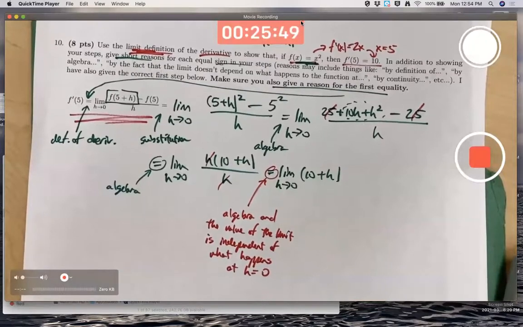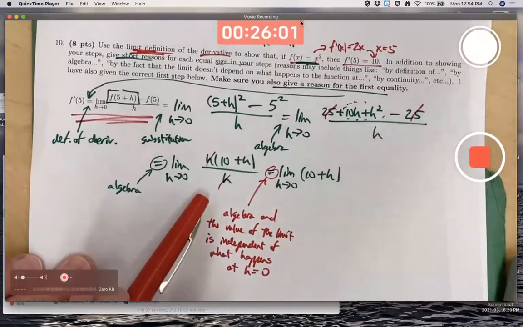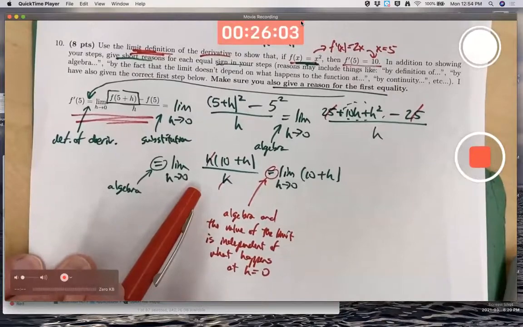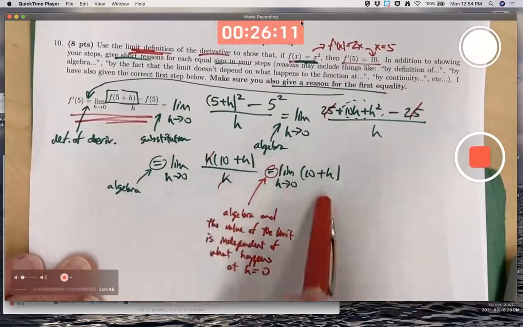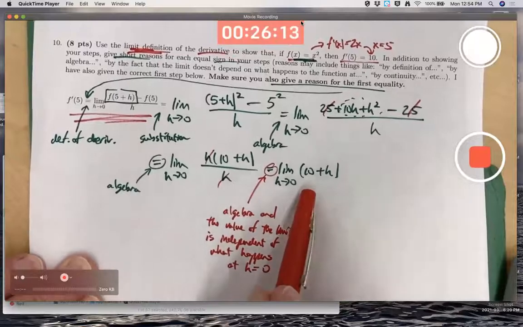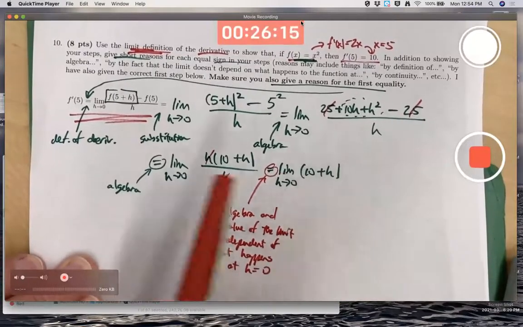You could also say, for short, definition of a limit here. That epsilon delta definition doesn't even require the function to be defined at h equals 0, which this one's not. This one's undefined when h is 0. You can't divide by 0. But these two expressions are the same when h is not 0. So if this one has a limit as h goes to 0, then this one will as well.